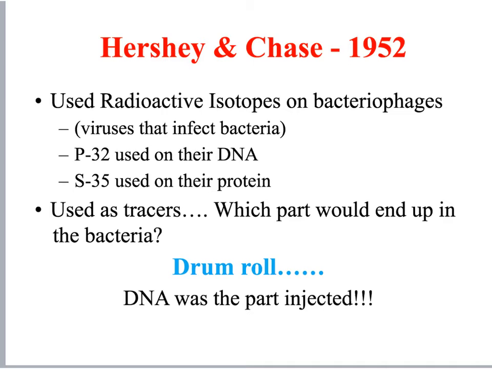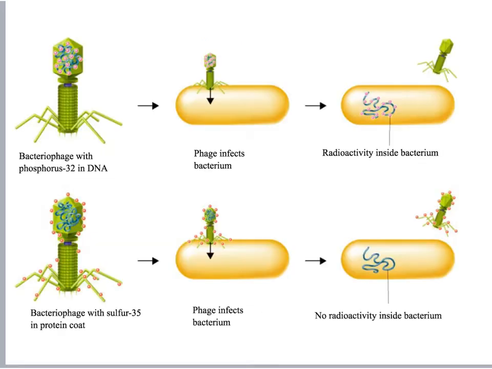Well, what was passed on is the DNA. Okay, the radioactive DNA was passed on to the new organism and not the protein. Thus, supported their principle that DNA is the source of the genetic information. So these bacteriophages, they look like either an alien spaceship or some kind of alien.